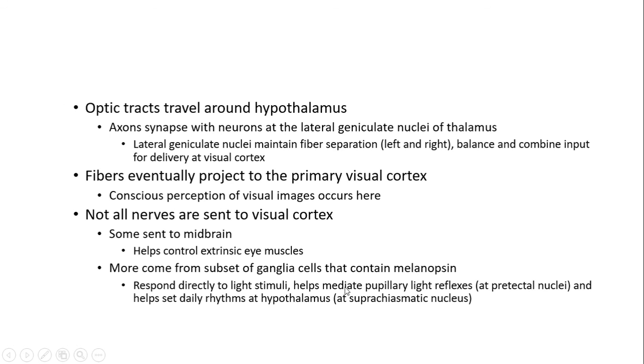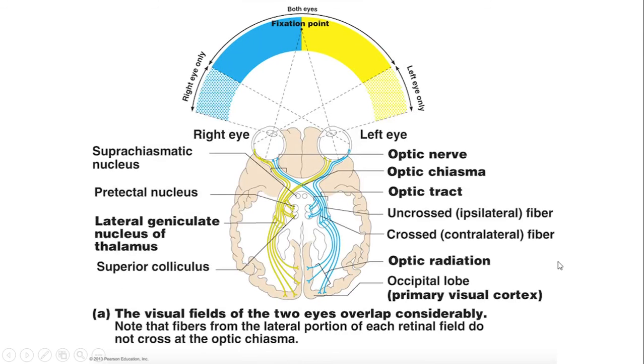So they're specifically able to respond directly to the light stimuli and help mediate the reflexes of the pupils, right? During those reflexes, for example, the closing or the dilating of the pupils. And this is located at the pretectal nuclei, which we can see right there.